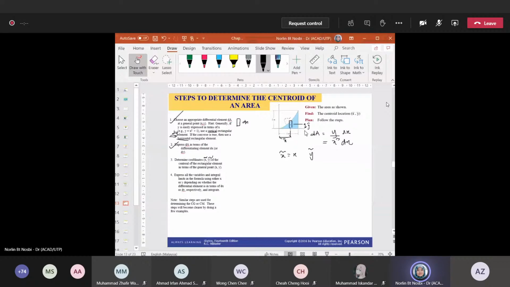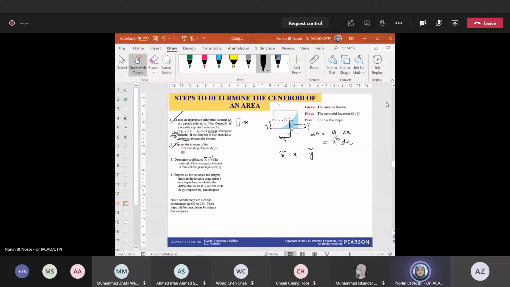For y tilde, this rectangle, the whole height of this is y. From top until down, it is equal to y. So if you want to find the middle of this rectangle, it will be half of y.